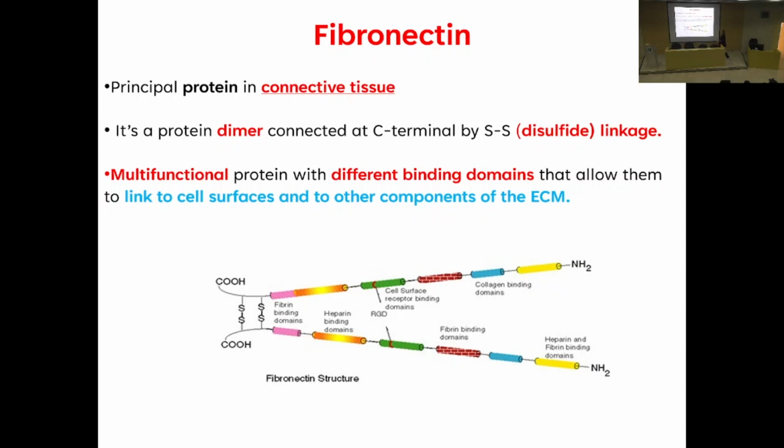Now, when you look at the structure, you know that fibronectin contains a protein, right? And the protein is a sequence of amino acids, right? All right. So the scientists found that some sequences, for example, if we have 100 amino acids, from amino acid number 10 till amino acid number 15, this sequence of amino acids has specific properties.